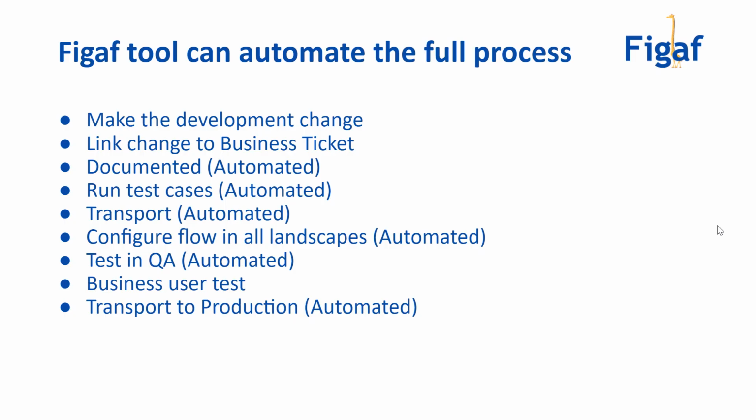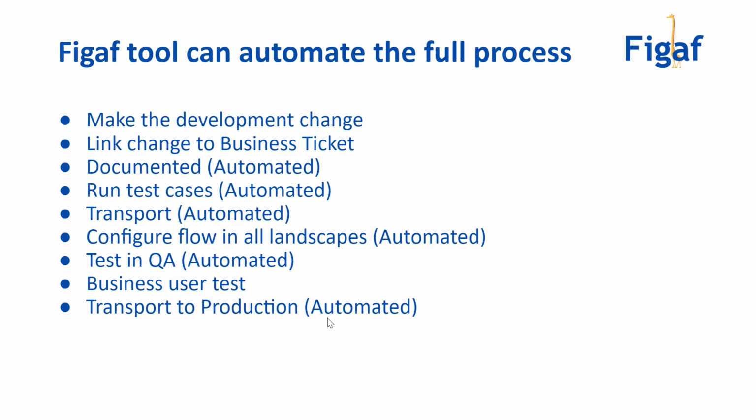So I hope you saw all the different things that we can actually do. We just created the change and the business link. We documented it, ran our test cases, we did the transportation, and we did configure all the flows in the landscape. We did test, or we could test it in QA, and we could also transport to production with the same approach.